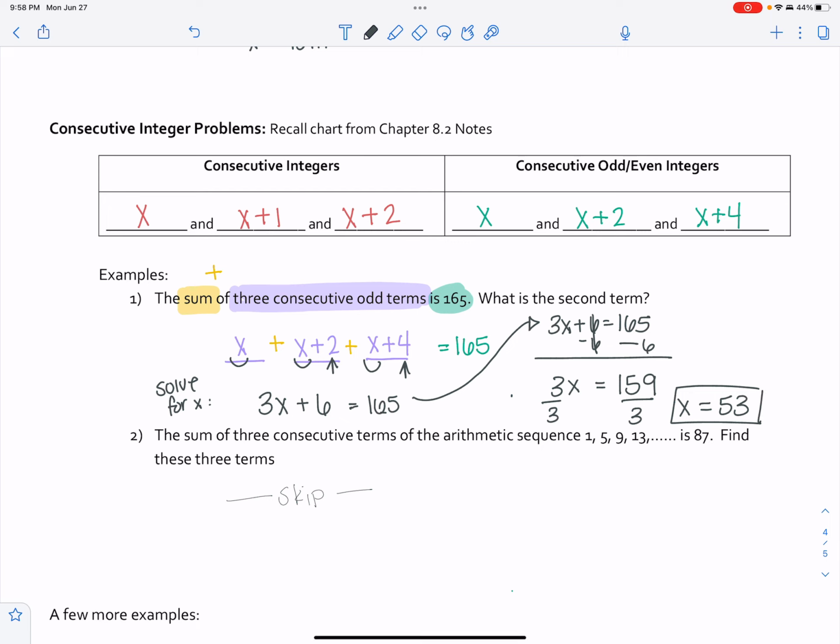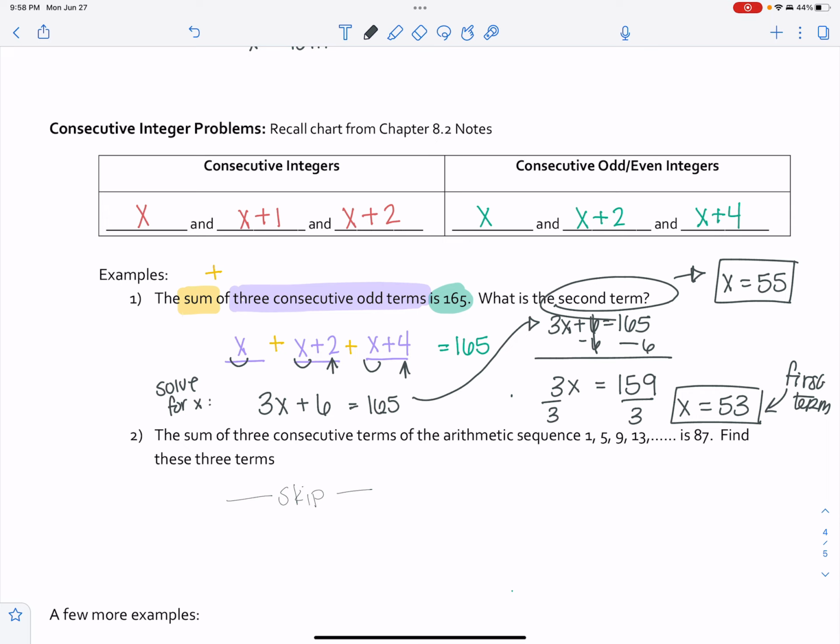Correct that. So that still, though, is the first term, and they've asked me for the second term. The second term is going to be 1 away from 53, and so 55 is going to be the final answer for that question that I would type in.